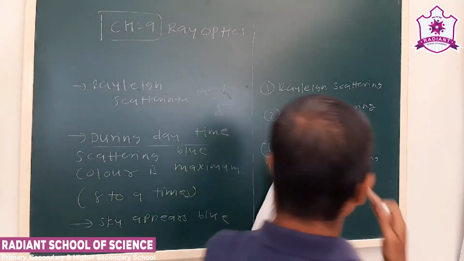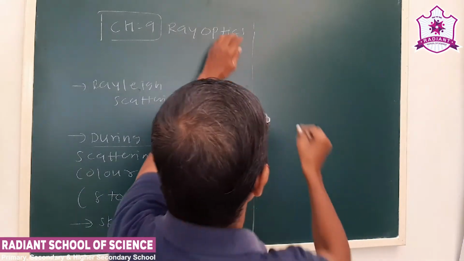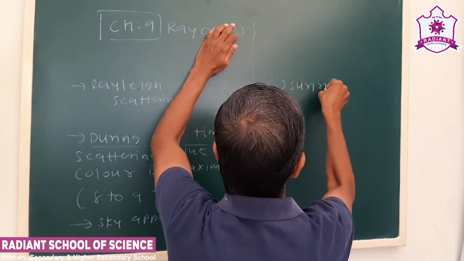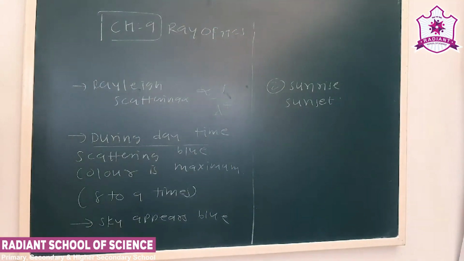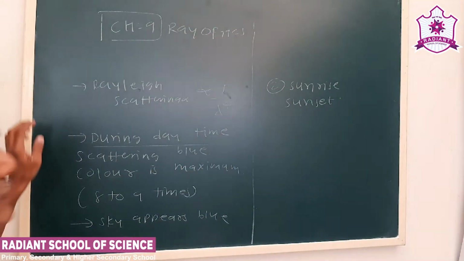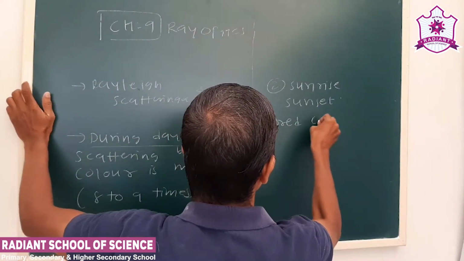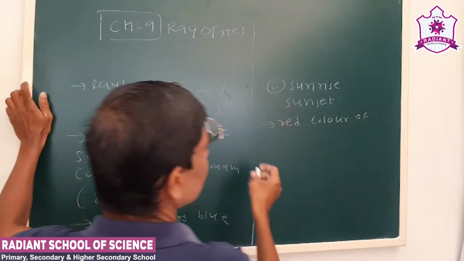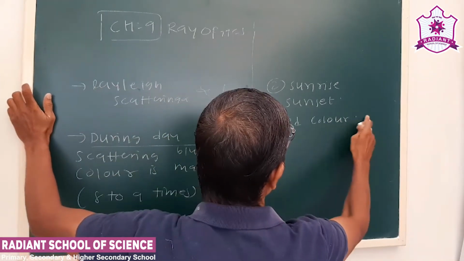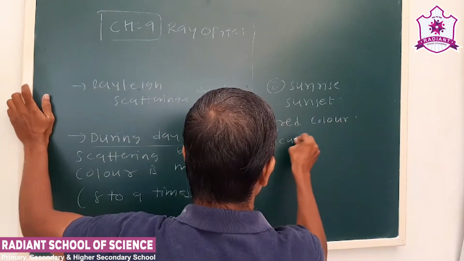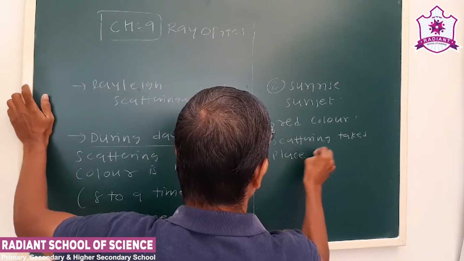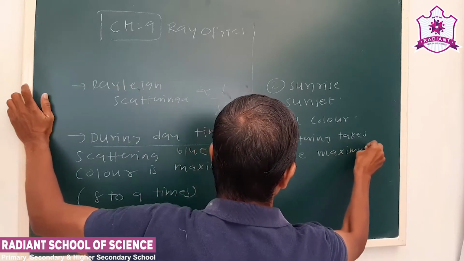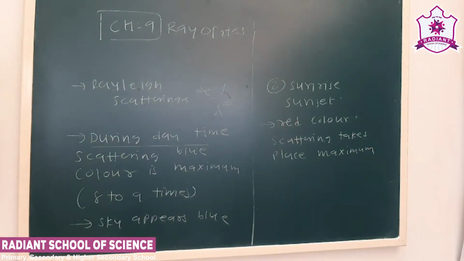Now at the time of sunrise and sunset, the red color of sunlight is scattered, and that's why the sky appears reddish.